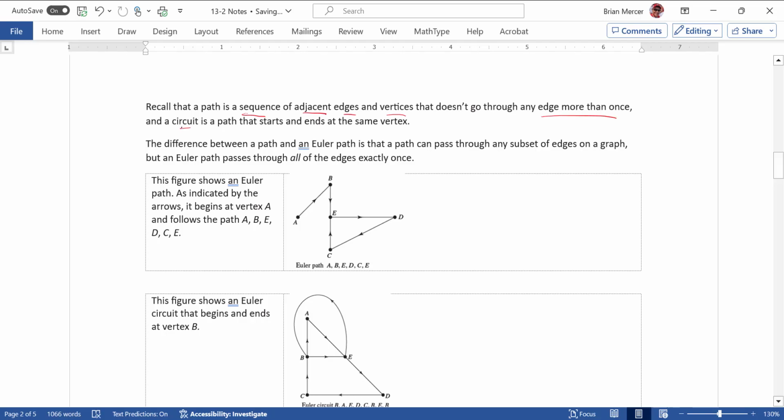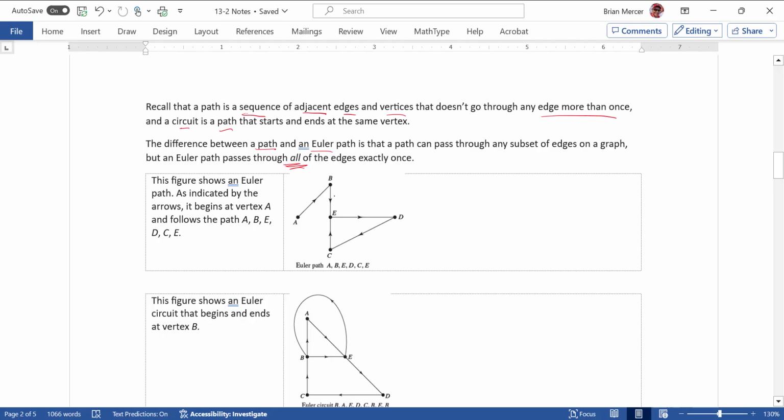A circuit is a special path that starts and ends at the same vertex. So the difference between a path and an Euler path is that a path can pass through any subset of the edges on a graph, but an Euler path passes through all of the edges exactly one time.